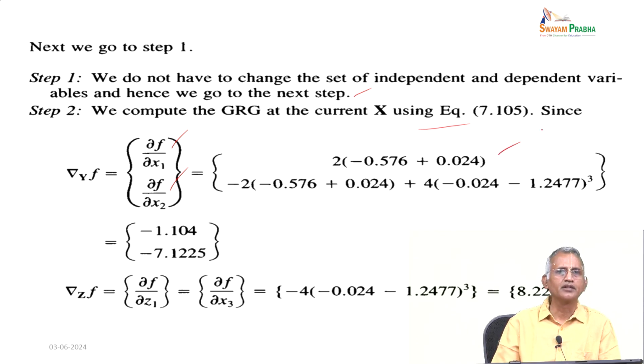You take f partially with respect to x2, you get this value. After simplifying, you get these two values, minus 1.104 and minus 7.1225. Therefore, del z f equals dou f by dou z1 equals dou f by dou x3. So, we have the corresponding value of del z f.